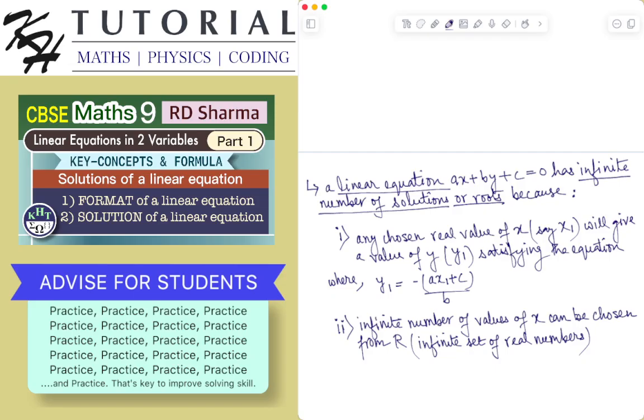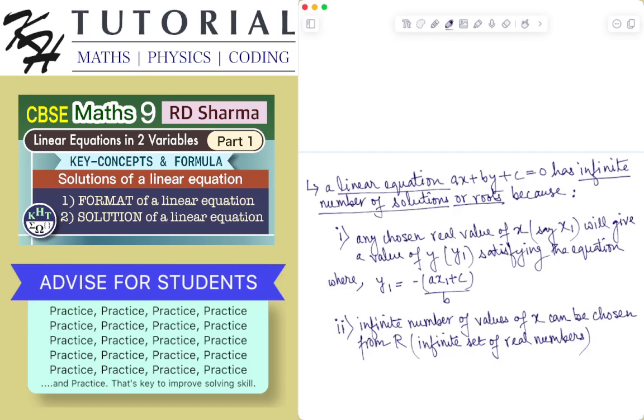The reason is that, let's say you choose any real value of x, say that value is x1, and you substitute it in the given linear equation ax plus by plus c equals to 0. Then you will get a linear equation in y. From there, you can solve for y. And if that solution is y1, then y1 is equal to negative of ax1 plus c, whole divided by b.